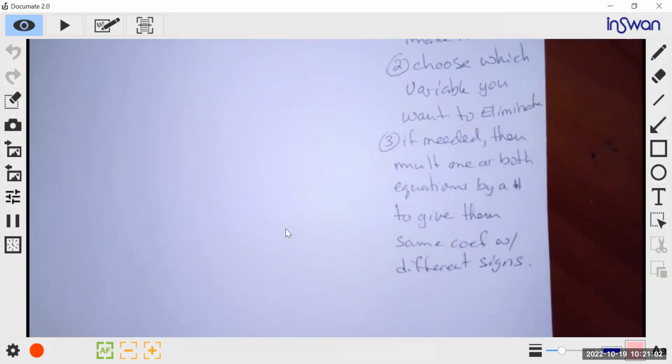That's if needed, because sometimes you may have already the same coefficients, different signs.